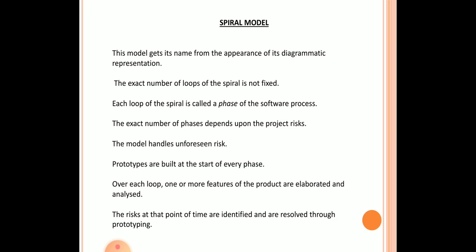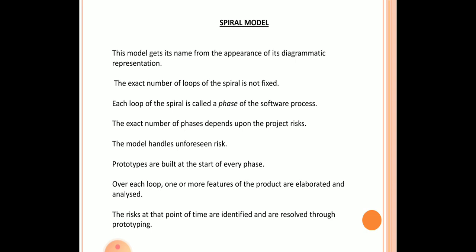The spiral model greatly extends all the other models: the prototyping model, waterfall model, evolutionary model, etc. It is an extension of all the previous models that we have learned in our previous classes, but this is a different one.